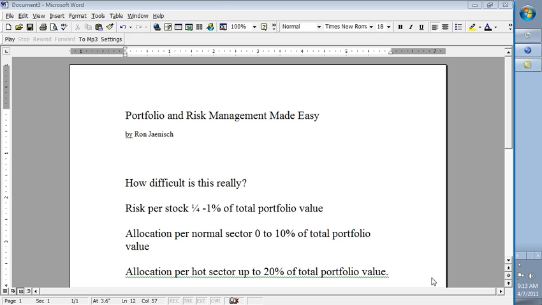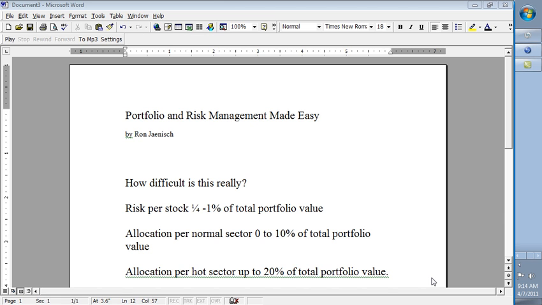The other part of the criteria that you need to look at is what percentage of your portfolio you're going to permit a certain sector to have. A sector might be something like utilities, telecommunication, consumer discretionary, industrials, things like that.